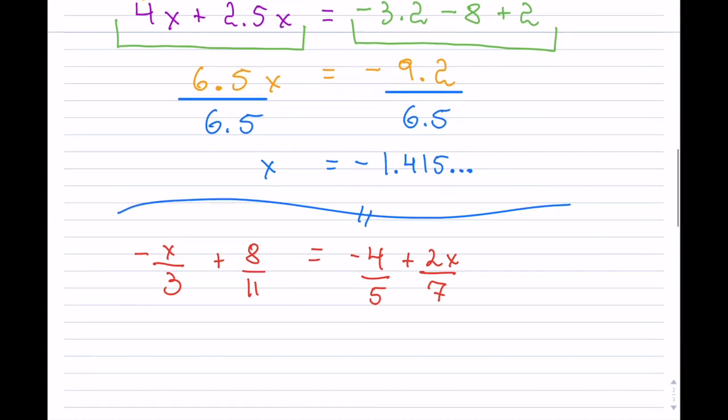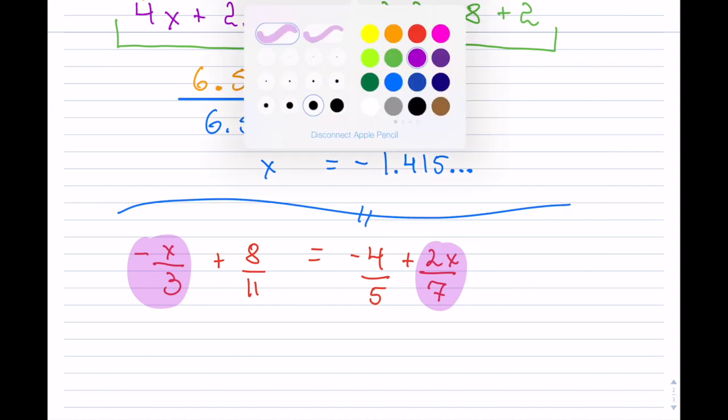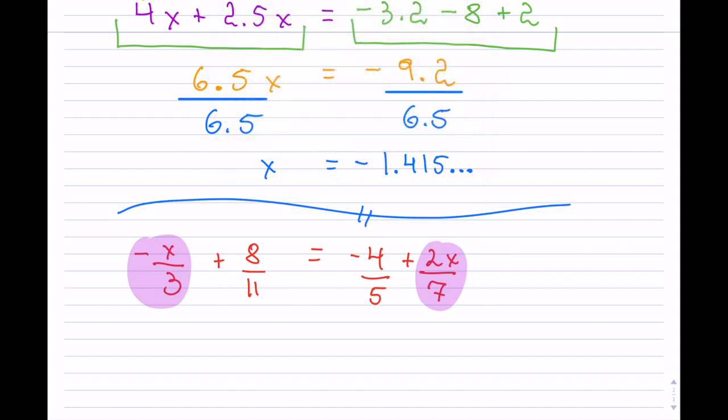What you would be doing is you would have to find all your terms that have your variable. So this has an x, this has an x, and then all the other stuff. Collect them. So if I do that, I have to shift this over.